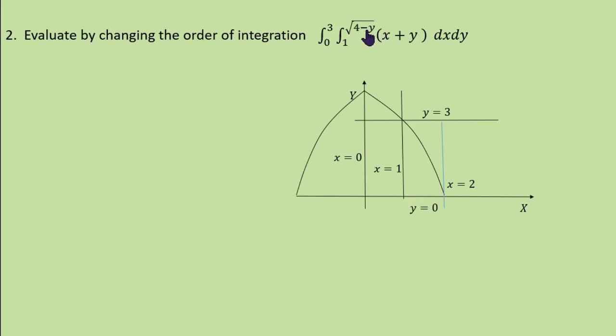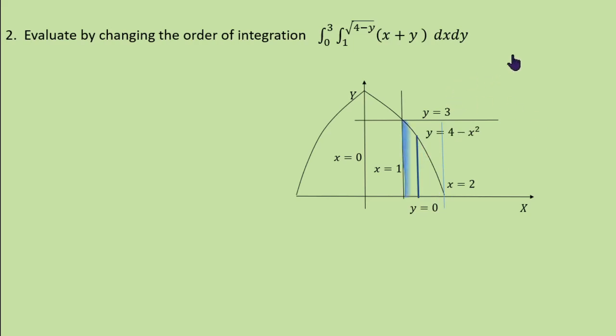X is root 4 minus y means x square is equal to 4 minus y, therefore y equal to 4 minus x square. So for every x from 1 to 2, y varies from 0 to 4 minus x square. This is how we change the order of integration.